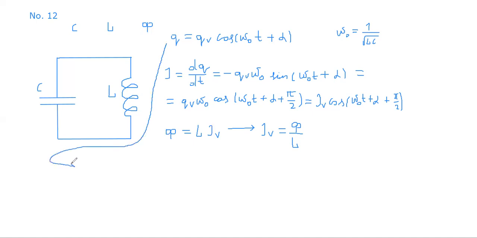So from here we can write that Q when t is equal to 0 is equal to Q_m cosine alpha, and this is equal to 0.